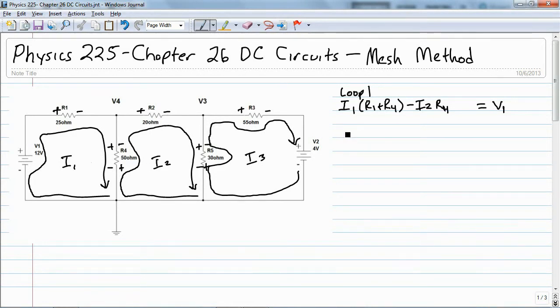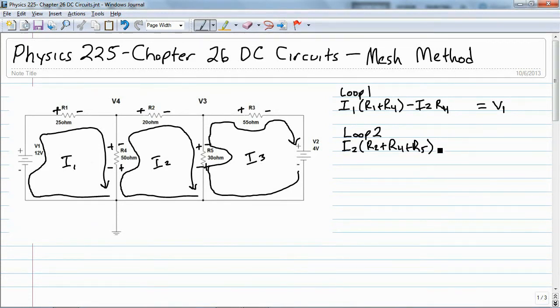Okay, now for loop 2, I'm going to have I2 times all the resistors that touch it. So I'm going to have R2 plus R4 plus R5, and subtract the common resistors.